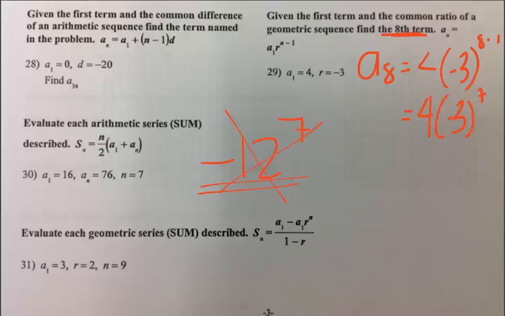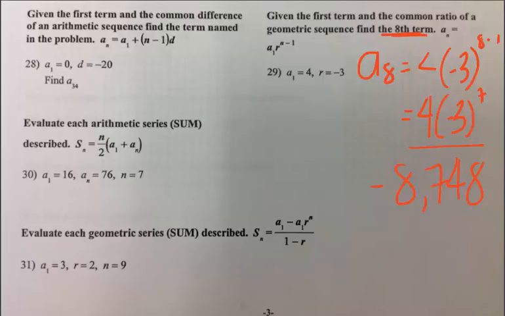You cannot multiply before exponents. Order of operations says exponents before multiplying. So if we type this in just like we see it, the correct answer of -8,748 should come out to get our 8th term. Do not multiply the two numbers before you raise it to the exponent.